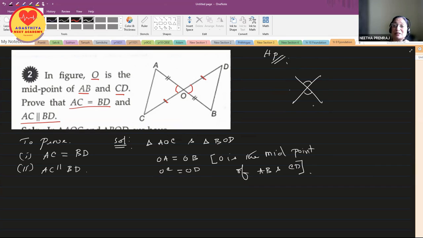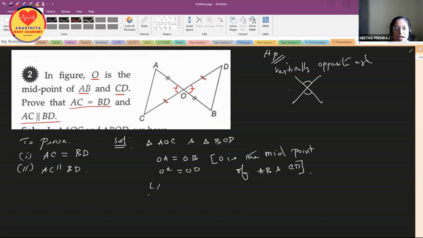Have you heard the word vertically opposite angles? Yes, vertically opposite angles are equal. So these two angles are equal because they are vertically opposite.